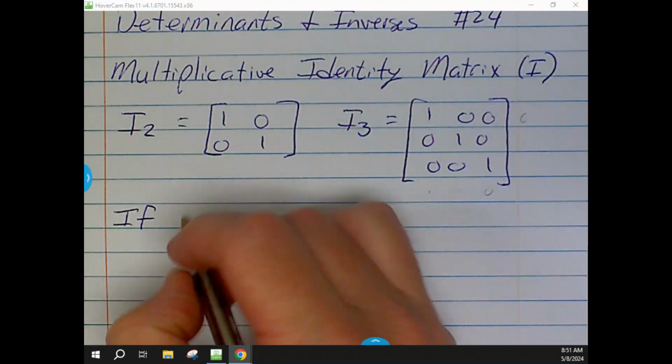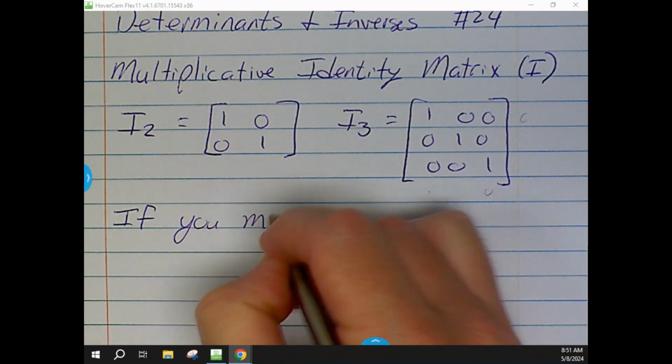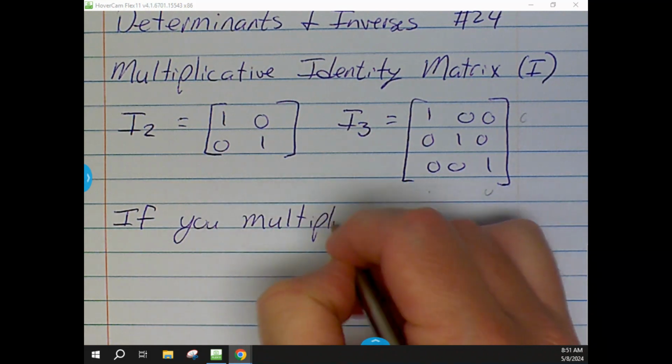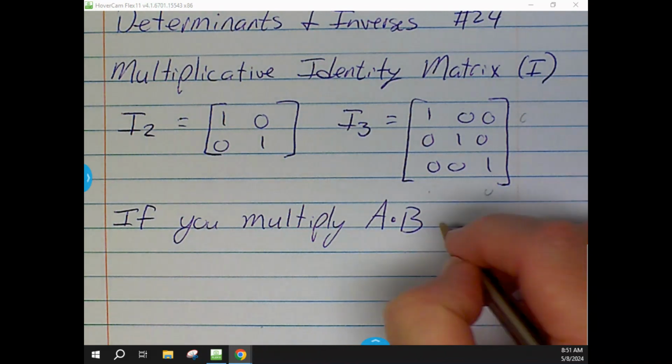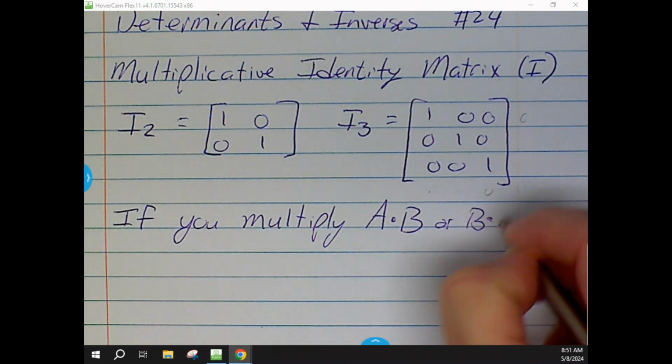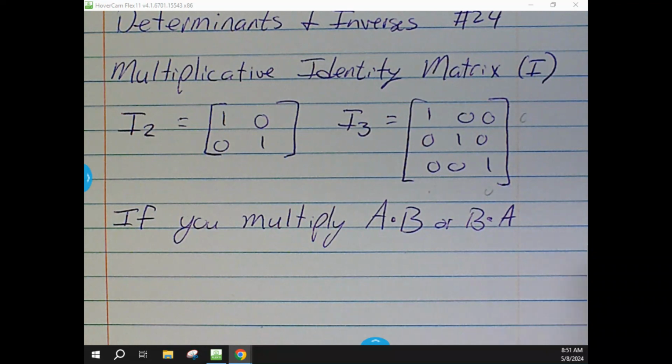If you multiply matrix A times matrix B, or matrix B times matrix A, it doesn't matter which one you do for this part.